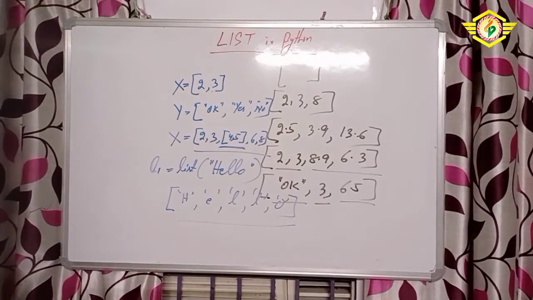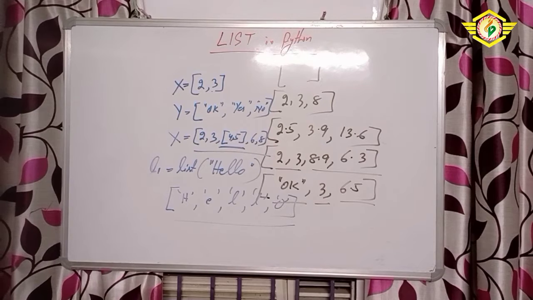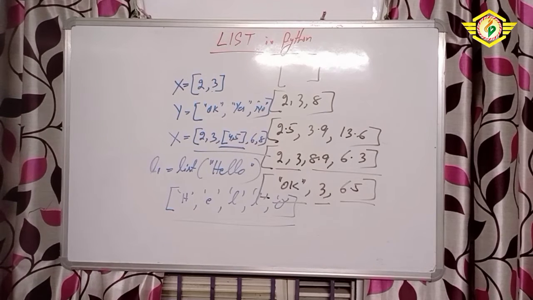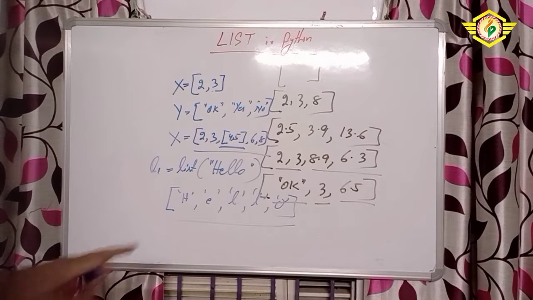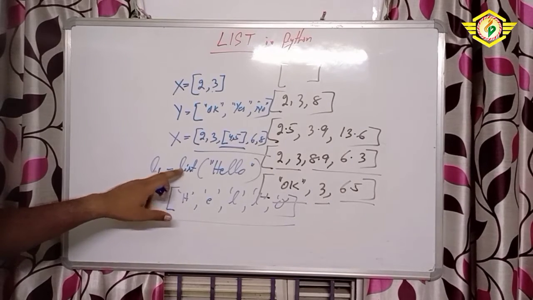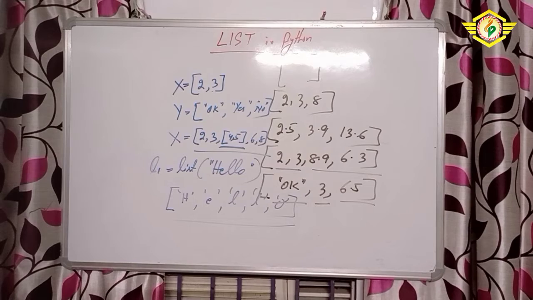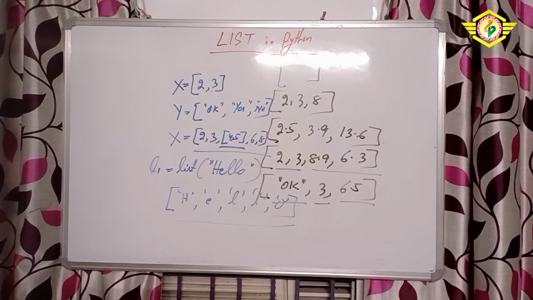Any format, maybe a tuple or a general format, can be converted to list format, and for that you write list here, so that it is converted to list format from any other format.